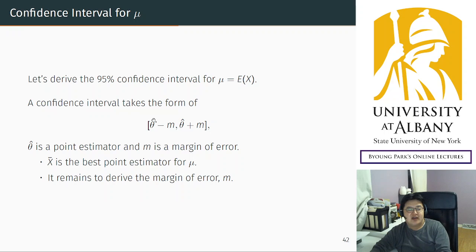Theta hat is a point estimator, and you subtract and add the margin of error. Then, not explicitly given here, you need to set the confidence level for this interval. So there are three things you have to obtain: the confidence level, the margin of error, and the point estimator.